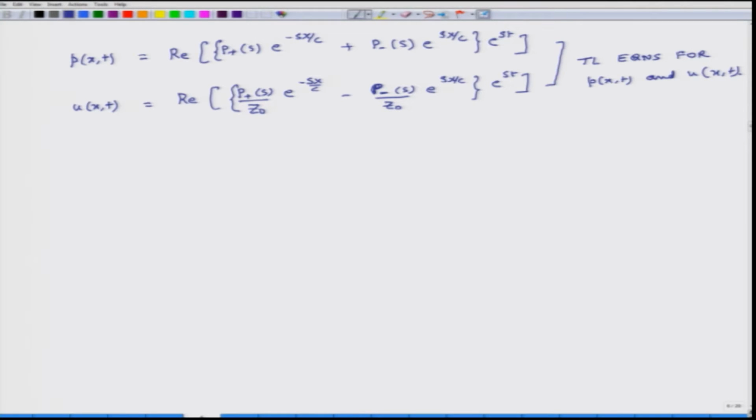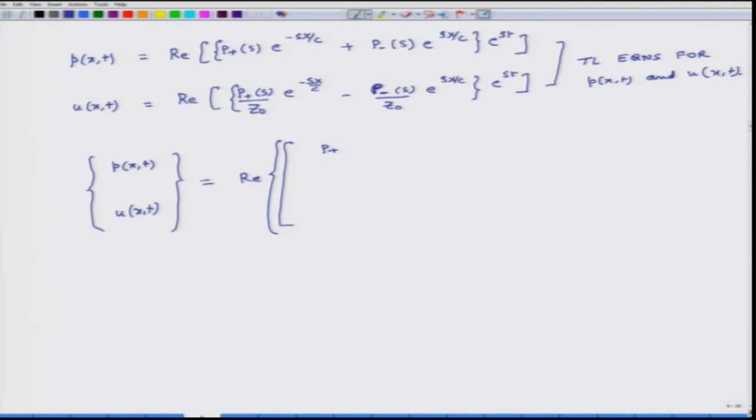I can also write this in matrix form as P of x t and U of x t, this is equal to real of P plus.